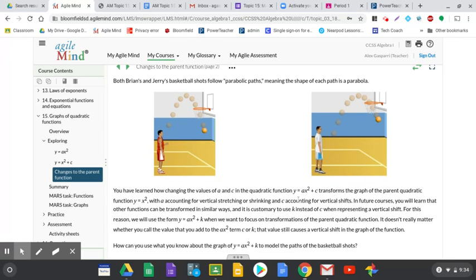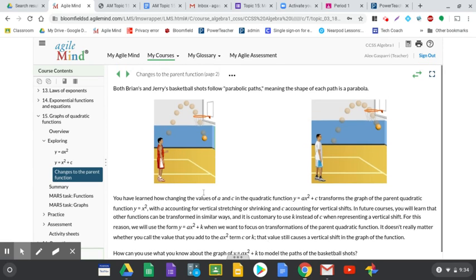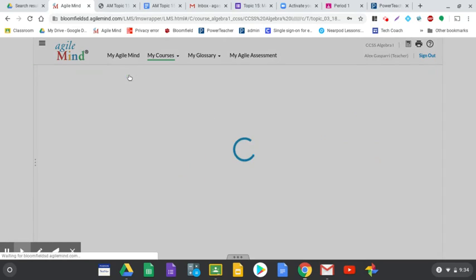So far we've looked at what A does and what C does. We talked about how A stretches or compresses our parabola, and C shifts our parabola up or down the y-axis. So how can we use what we know already to figure out the function rules for each of the basketball shots?